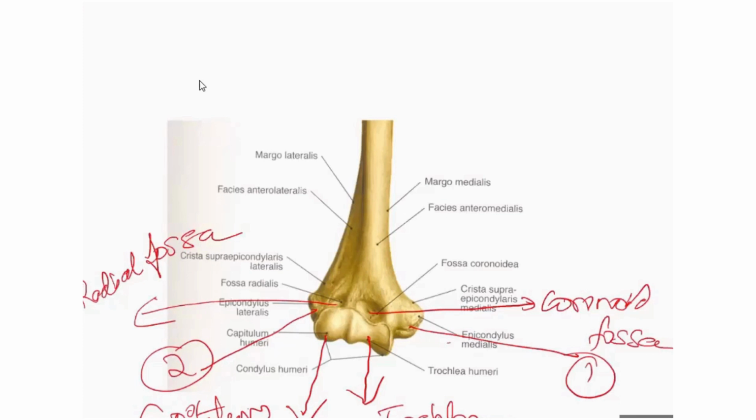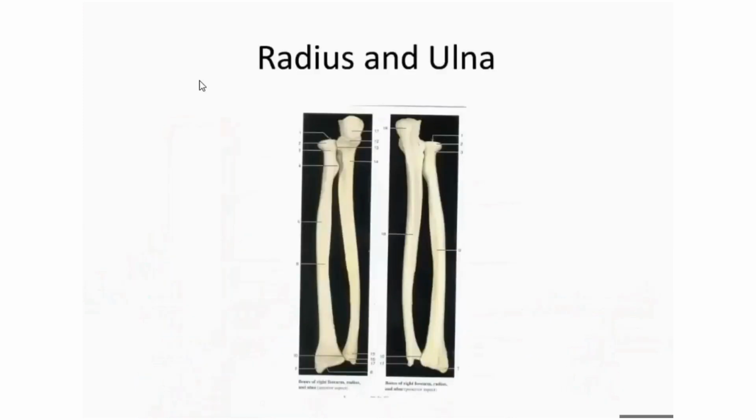Then why should these two fossae be present? There is one more projection called the coronoid process. When you flex your forearm, the coronoid process comes and lodges in the coronoid fossa of the humerus.